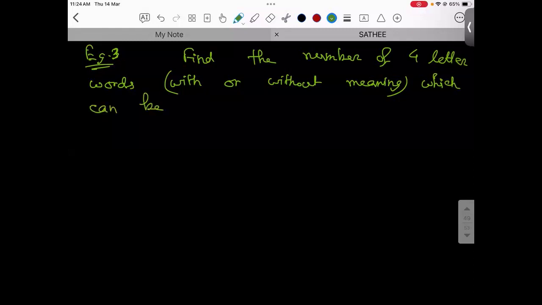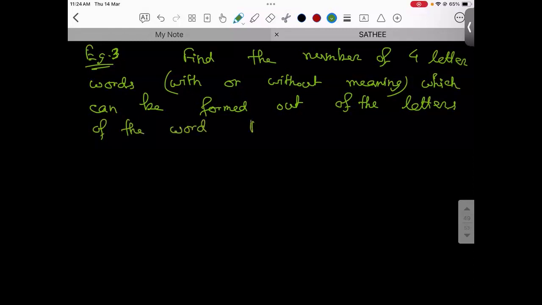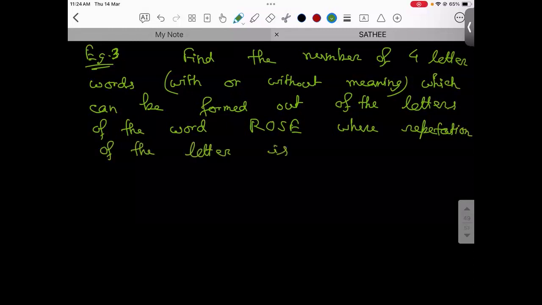Which can be formed out of the letters of the word ROSE, where repetition of the letters is not allowed.